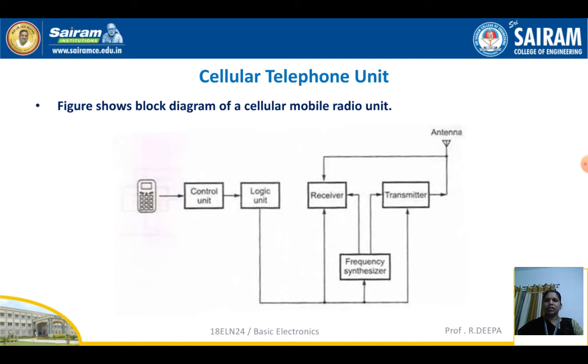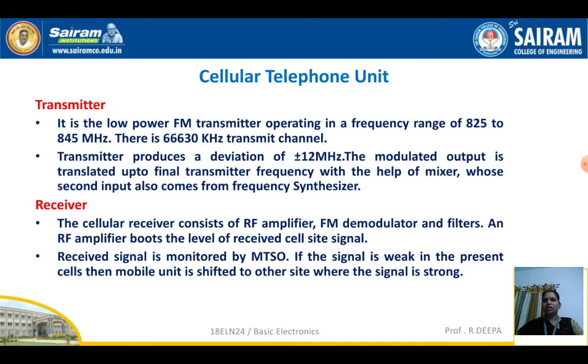These are the basic units which form your mobile phone. The transmitter is a low power FM transmitter operating in the range of 825 to 845 megahertz. And the transmit channel is of capacity 66,630 kilohertz.